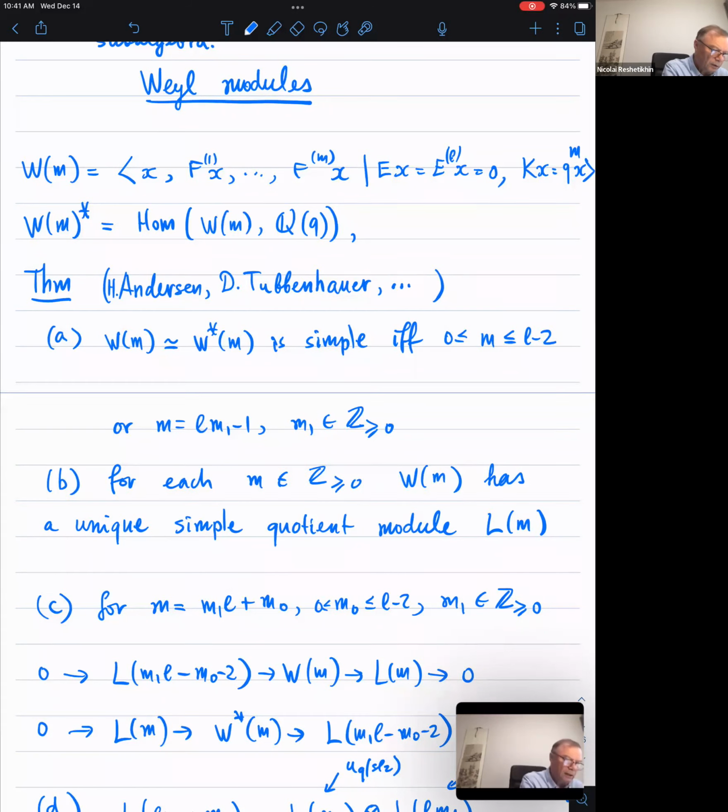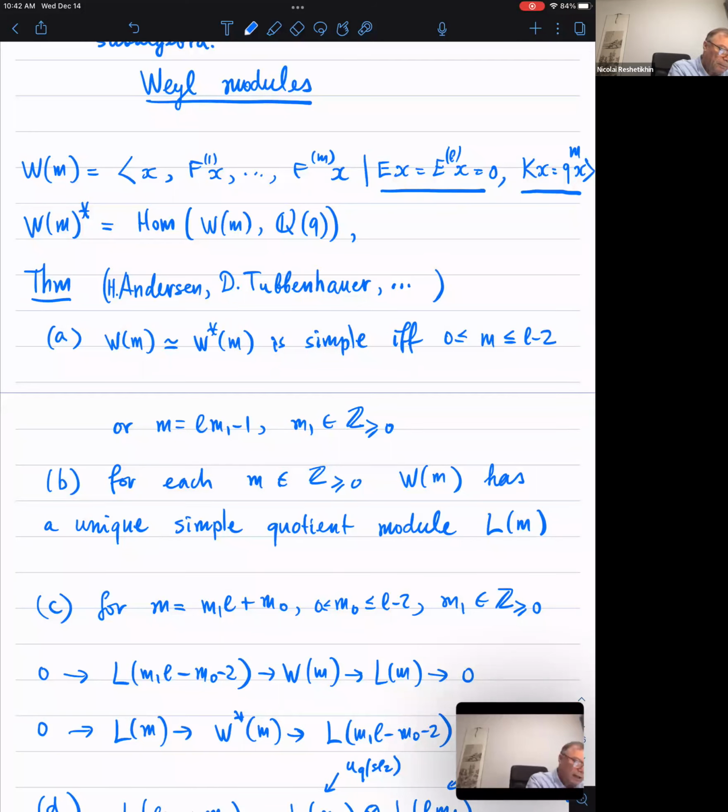Instead, we will say that Wn is generated by F acting on the vector X, on which K acts in this particular diagonal way, and which is annihilated by both E and divided power E to the L. It's generated from X by F all the way to Fm, where Fm is the divided power.